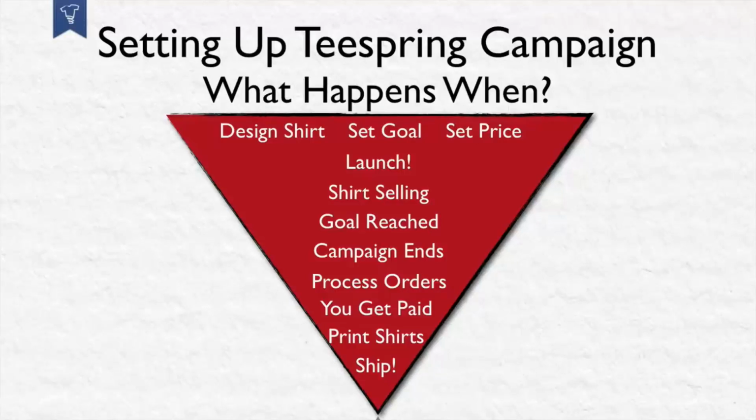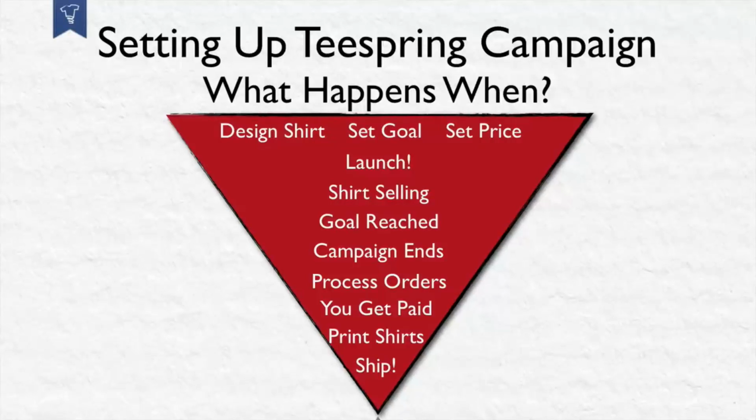Now you can end it early if you already hit your goal, but if you set it for 21 days and you've already hit your goal 7 days in, you can either raise your goal or just keep selling. The longer it's up there, the more potential you have to get paid. Once your goal is reached, the campaign continues to sell until the campaign is over, and we'll look at the time frames of when that would happen.